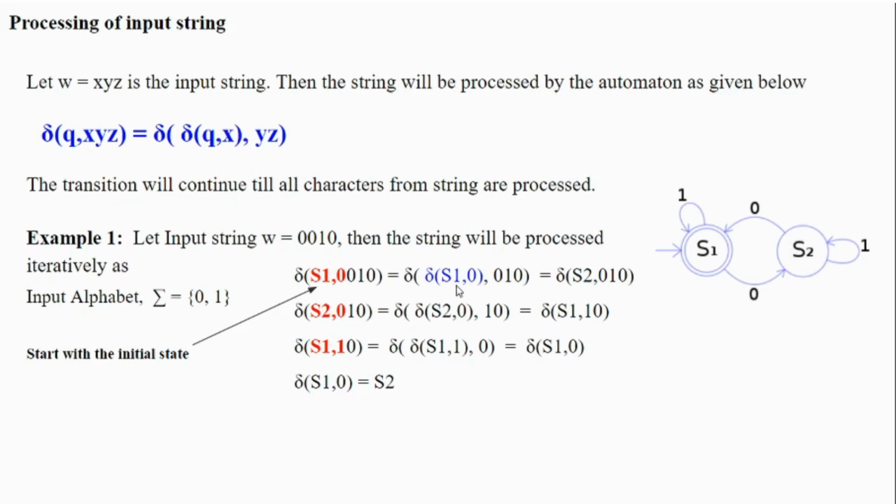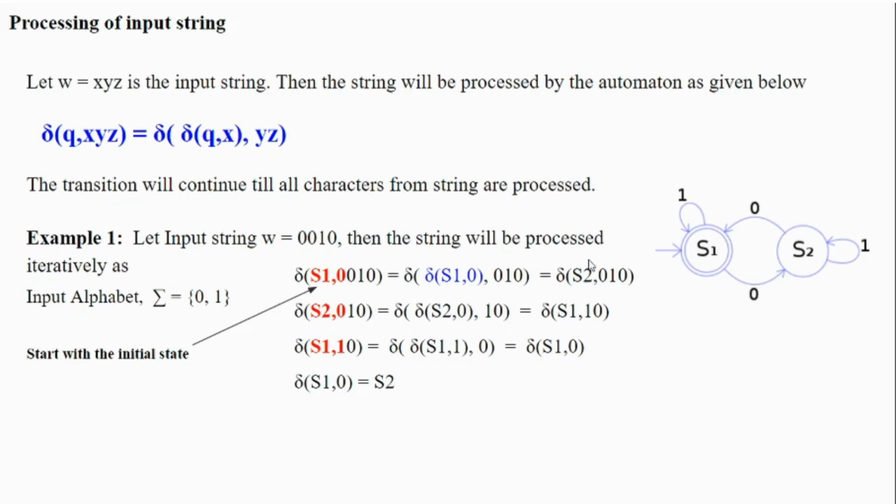Fine. So this transition, which is written in blue, when applied, will be replaced by S2. Why is it S2? Because the current state S1 on input 0 goes to S2. Now one input character is consumed.